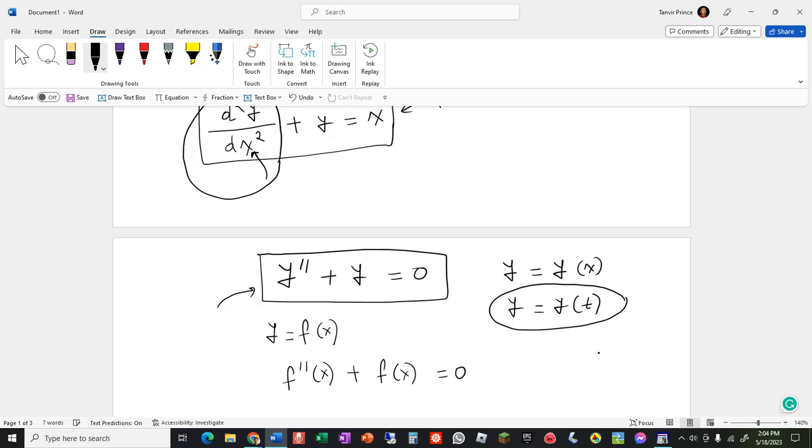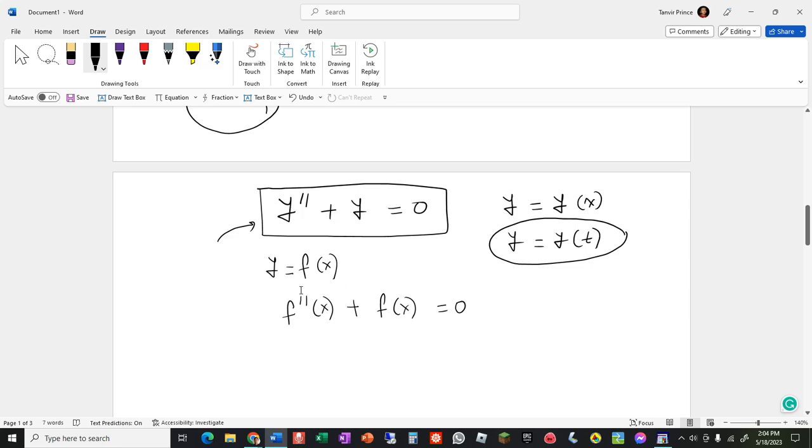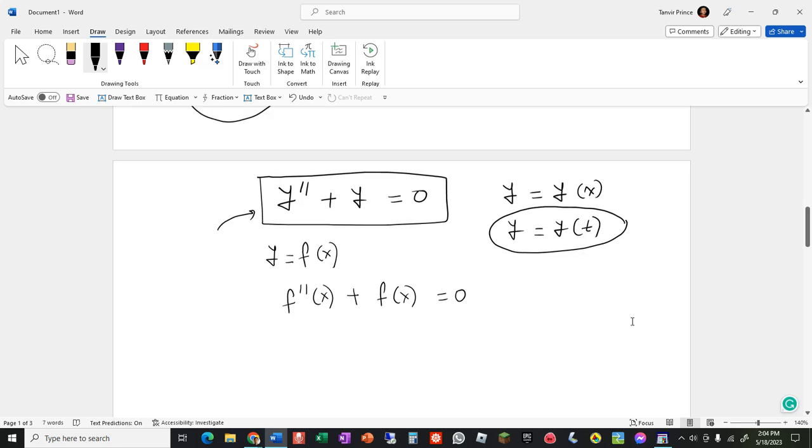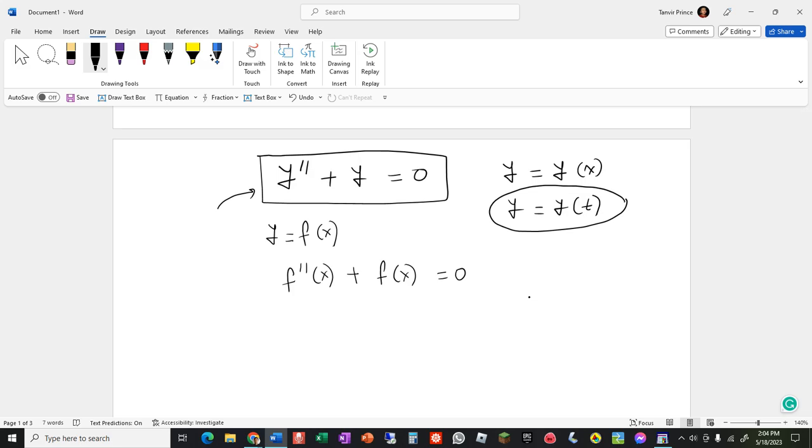It's an interesting question to ask: what are all possible functions so that when you take the second derivative and add it to the original function, you get 0? We typically use y of x instead of the f of x notation, so we're going to stick with that. But this is another way to rephrase that same differential equation.